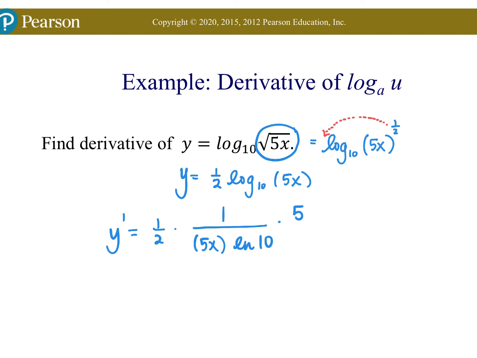So that's the calculus part. Now we're ready to simplify that. My 5's will reduce. And what I'm left with is the expression 1 over, I've got a 2, I've got an x, and I've got an ln 10. And that's the expression of the derivative. And remember that that derivative can be used to find the slope along this original logarithmic base 10 curve.